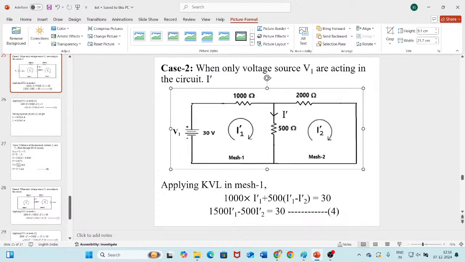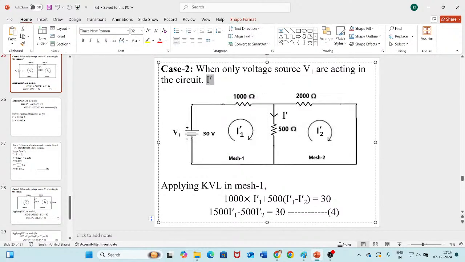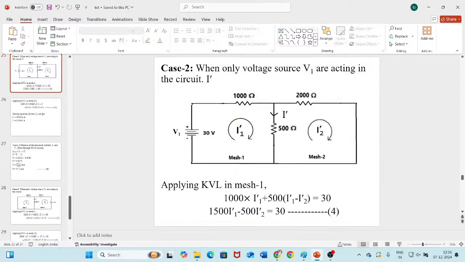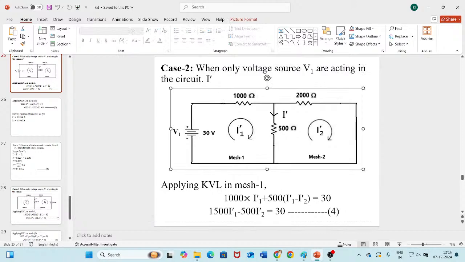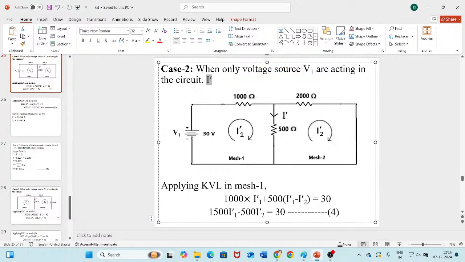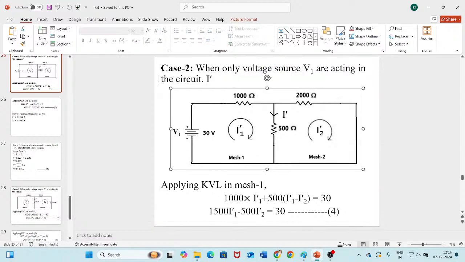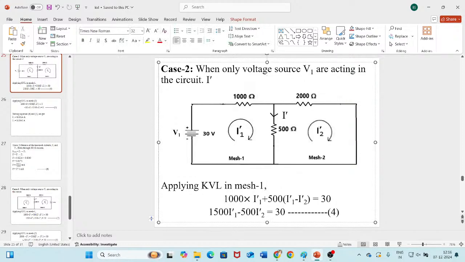Here once again I have implemented Kirchhoff's voltage law, similar to the previous case. So this is case 2, when only voltage source V1 is acting in the circuit. Let us assume the current in 500 ohms is I dash, and since two meshes are there, mesh 1 and mesh 2, I have assumed loop currents I1 dash and I2 dash.